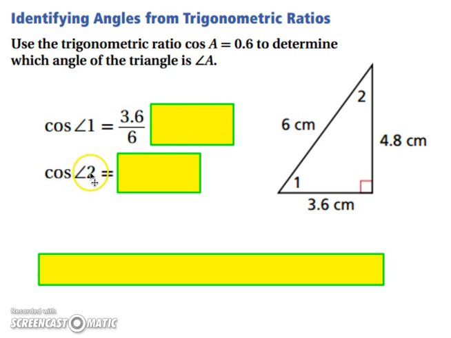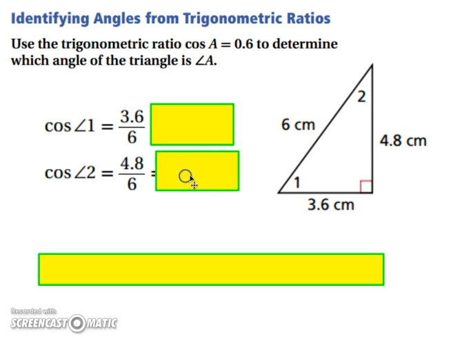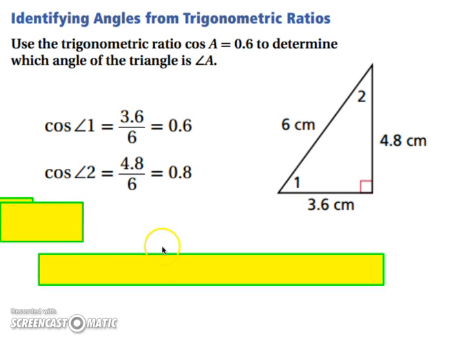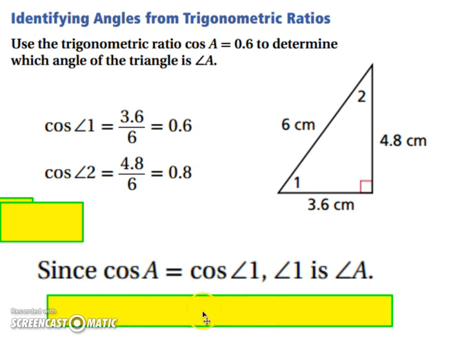And for the cosine of angle 2, we have 4.8 over 6. Now you can utilize your calculator to decide which one of these is in fact 0.6. Well, the cosine of angle 1 is 0.6 and the cosine of angle 2 ends up being 0.8. Therefore, angle 1 is angle A.